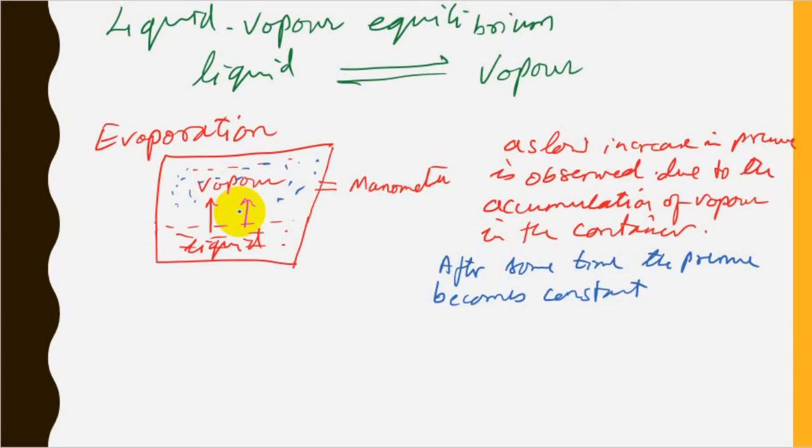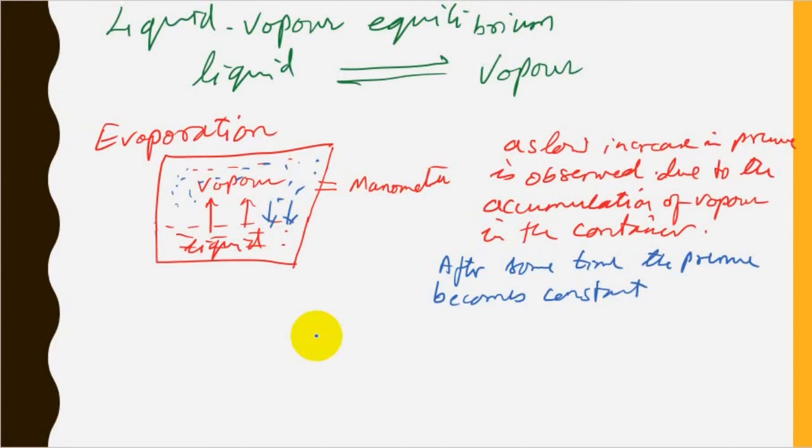But what will happen when the evaporation is taking place? Suppose two particles evaporate, then two particles will condense also. That means evaporation and condensation are taking place together at the same rate. So that's why there's no change in pressure. Whatever evaporates, the same thing condenses. So the number of particles in the vapor state are not changing, and therefore the pressure remains constant.